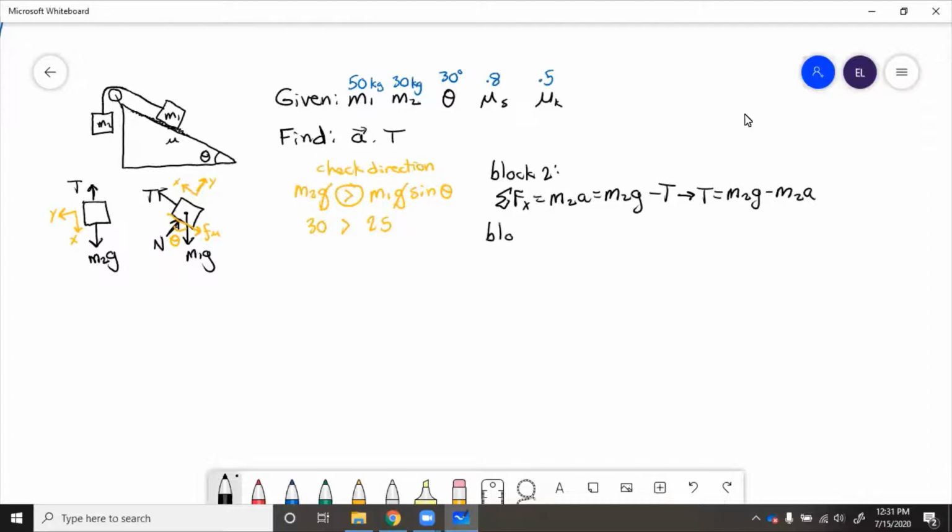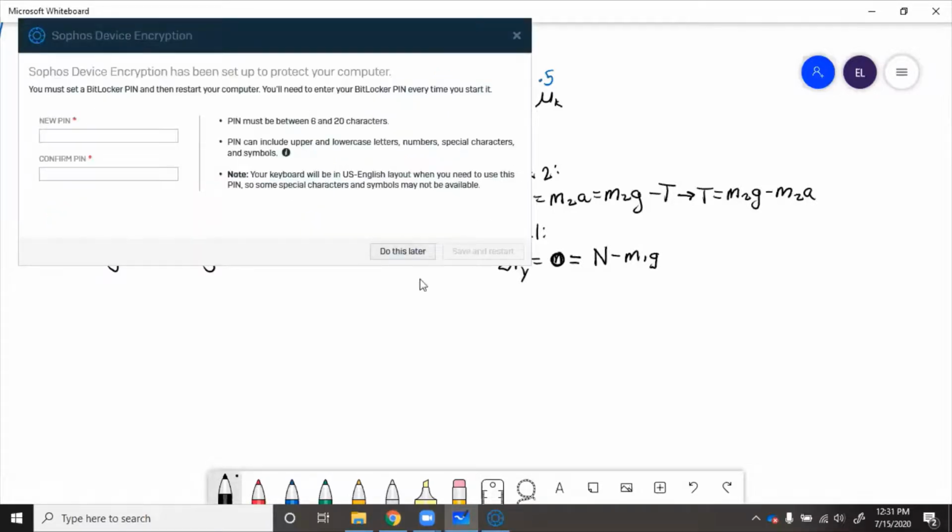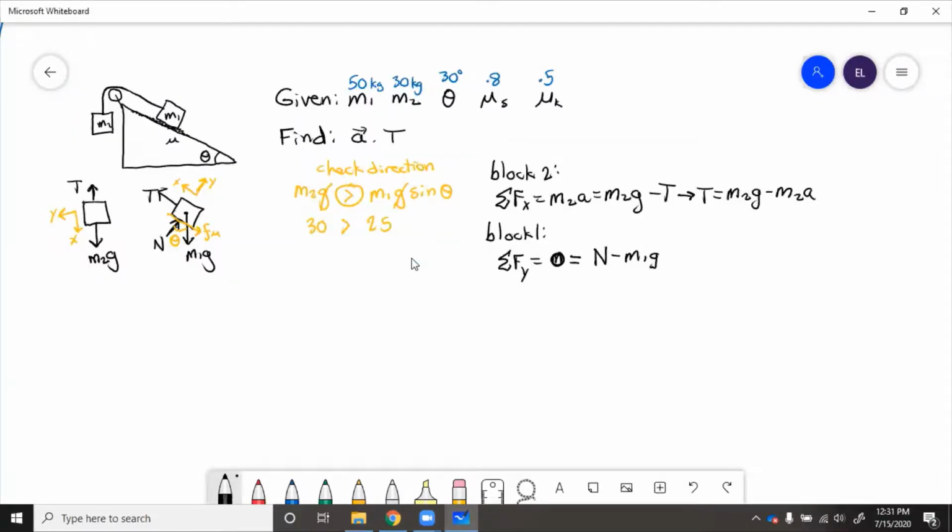Then for block 1, sum of the forces in the y equals 0, because the block doesn't move off the plane. And that is going to be the normal force pointing up minus the component of the weight pointing into the plane, which is the cosine.